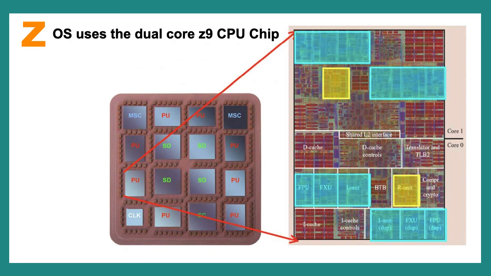Here we can see, if you pull out one of the components, for example the processing unit, it has 2 cores.